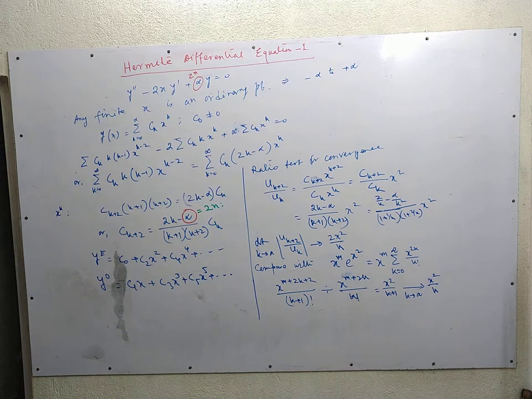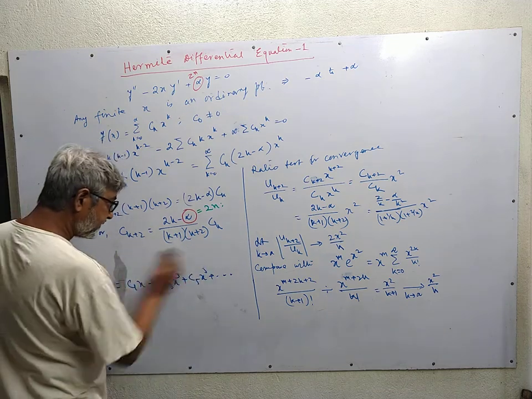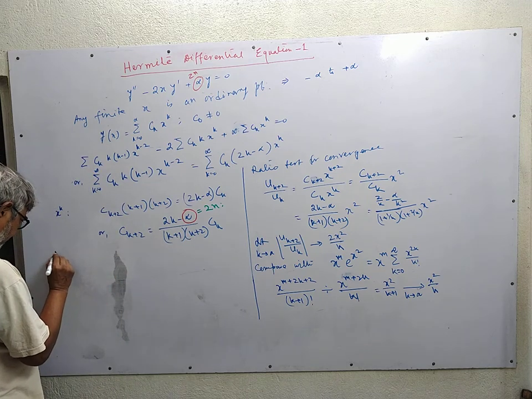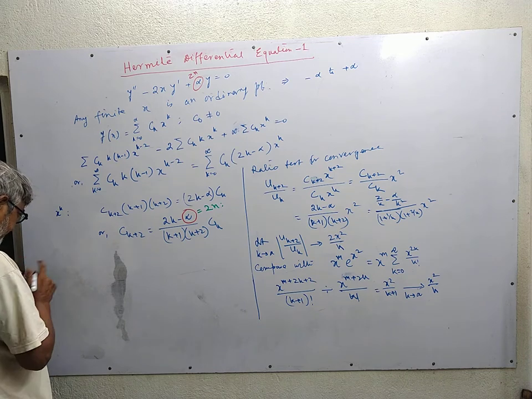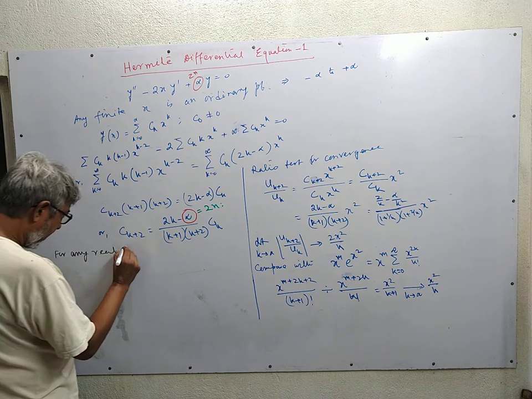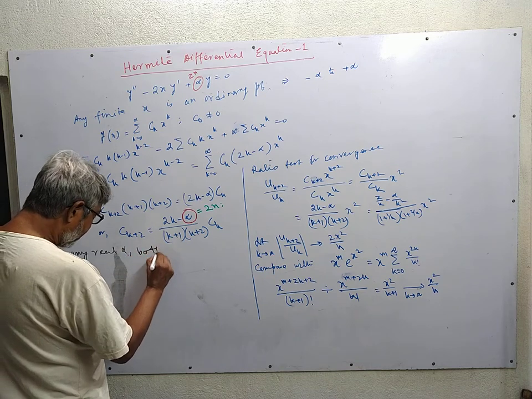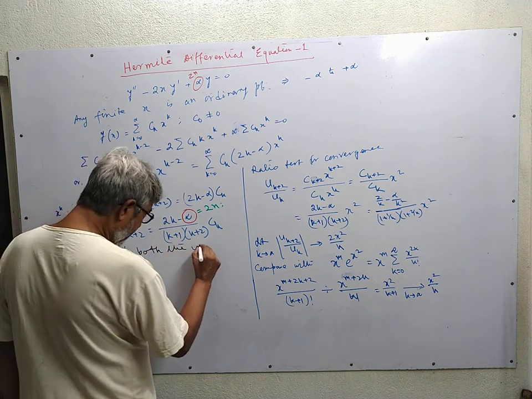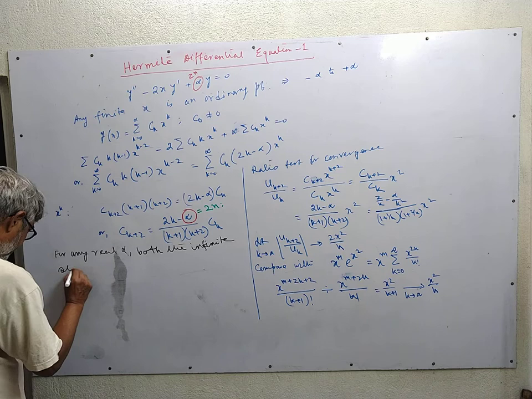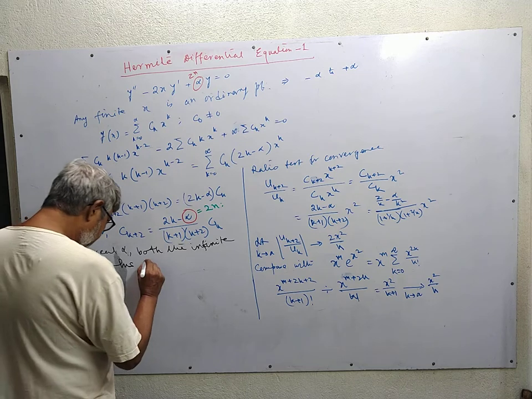So we conclude that for any real alpha, both the infinite series solutions diverge asymptotically.